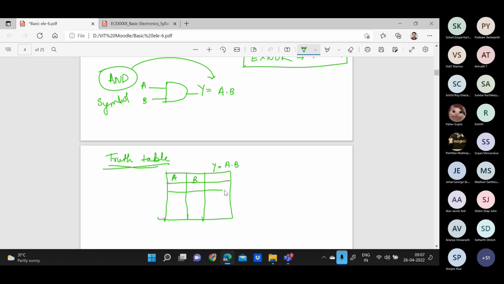As I have taken two inputs, the possible combinations are 4: 0 0, 0 1, 1 0, and 1 1. Right?